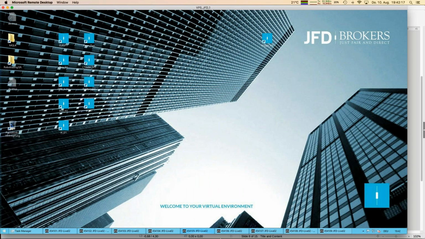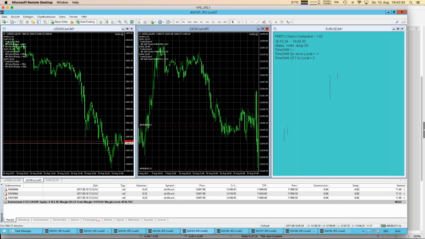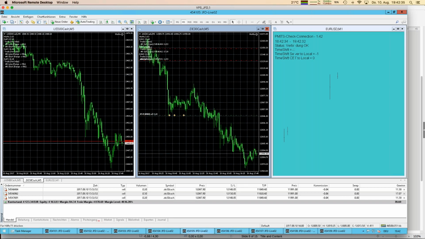But anyhow, we have the DAX. And look here at the S&P 500 and DAX. You see no trades in S&P 500, but you can see trades ongoing here within the DAX. 3 trades are open, 3 short trades.